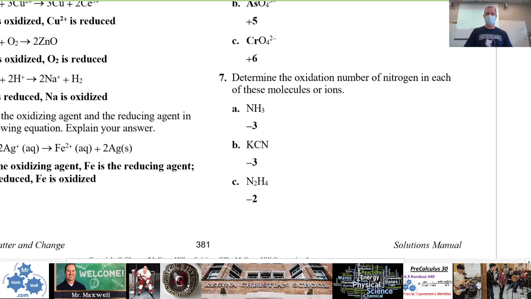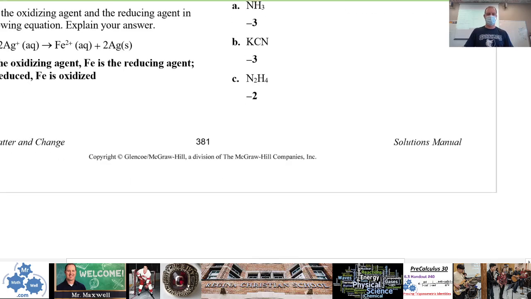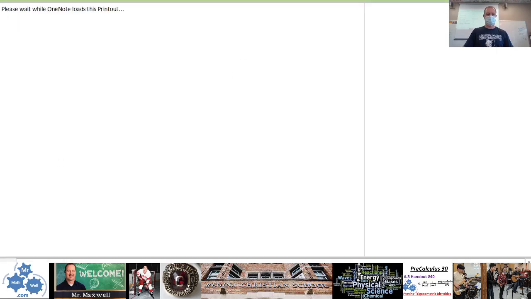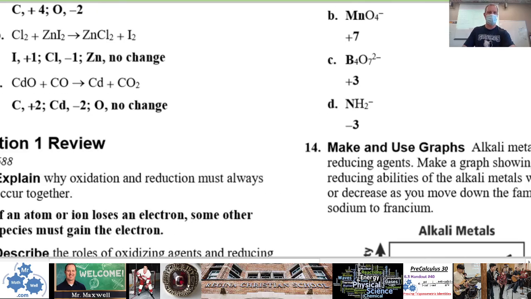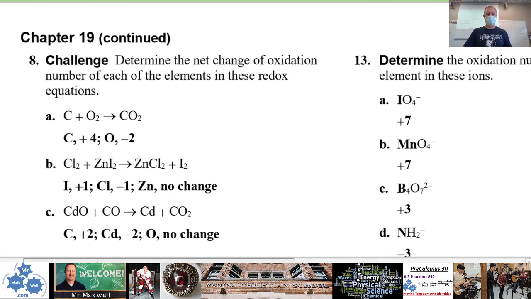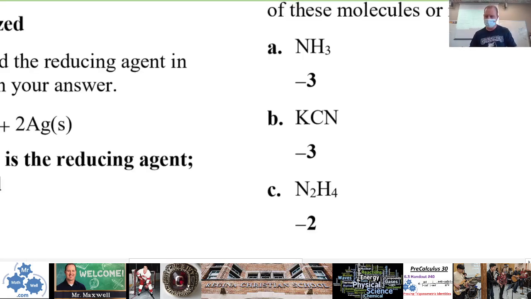And here's number 7. Here's number 8, last one on your assignment. Okay, I'm going to comment a little bit further on 7C, this hydrazine.